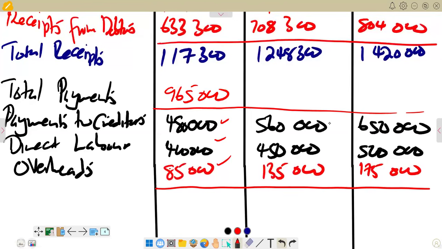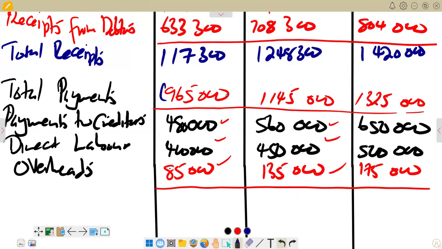Then for this one, we add this one plus this one plus this one, and the total that we get here is 1,145,000. And 650,000 plus 500,000 plus 175,000, you're going to get 1,325,000. So these are our total payments.